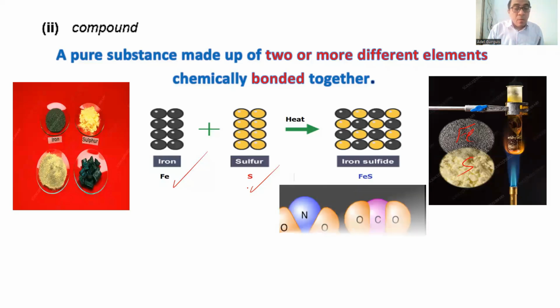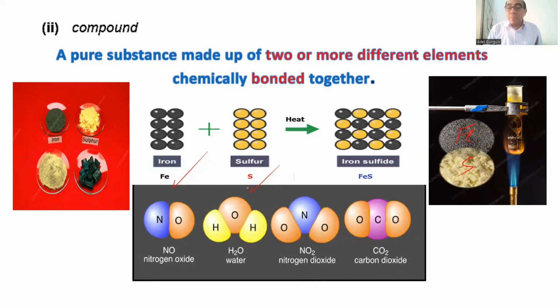Look here, examples of some compounds, like nitrogen oxide, NO. This is a combination between nitrogen and oxygen, two different elements, with ratio 1:1. What about water? Water, H2O, with ratio 2 H and 1 O, a combination between two different elements, hydrogen and oxygen, with ratio 2:1.